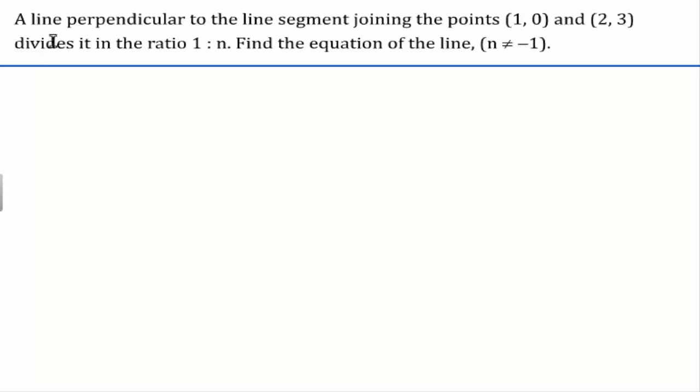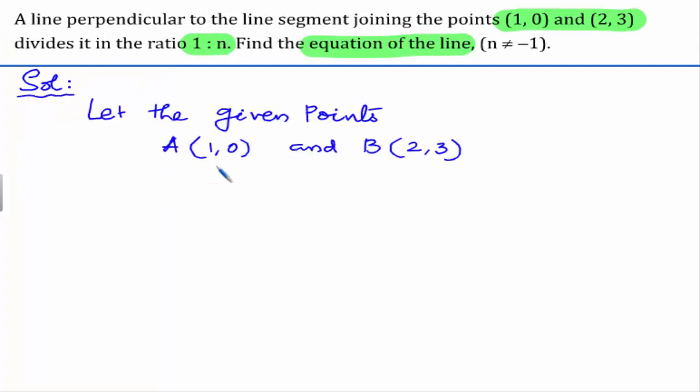In this question, a line perpendicular to the line segment joining the two given points divides it in the ratio 1:n, and we have to find the equation of the line. Let us see the solution for this. Let the two given points be A(1, 0) and B(2, 3).